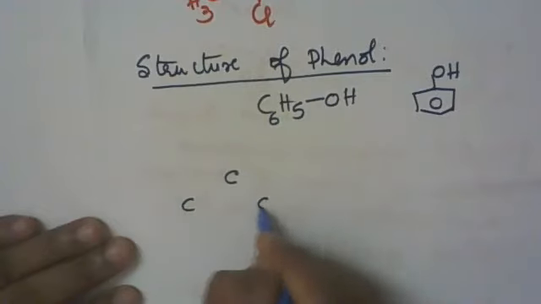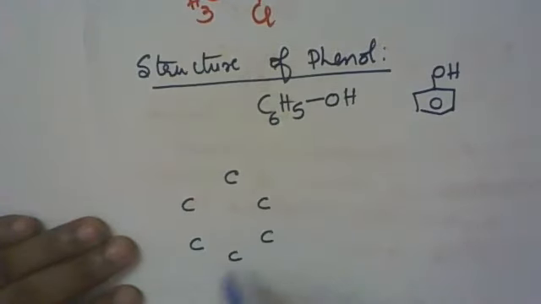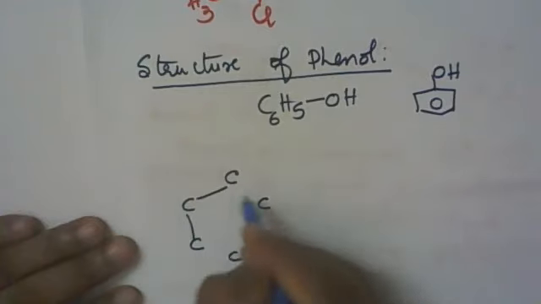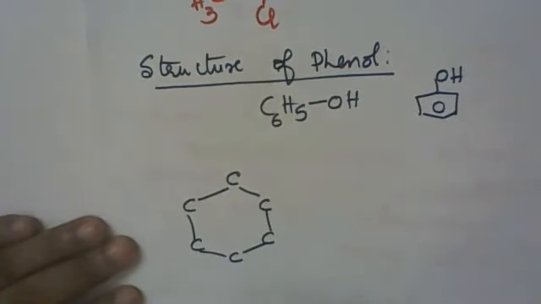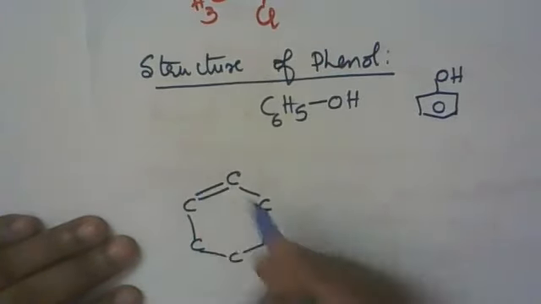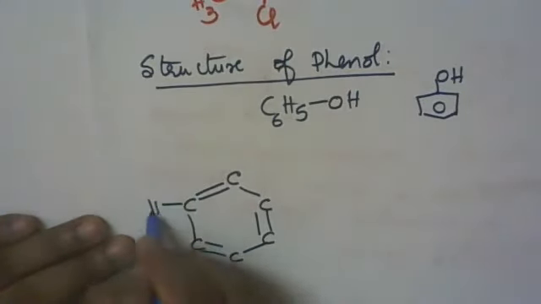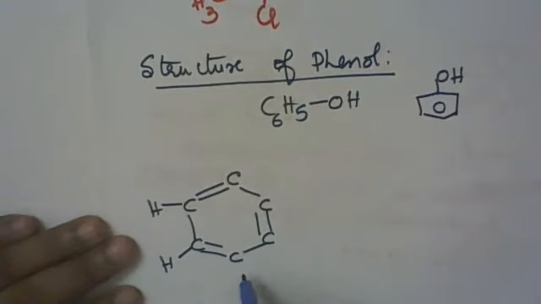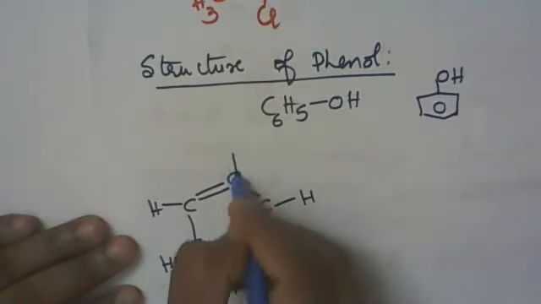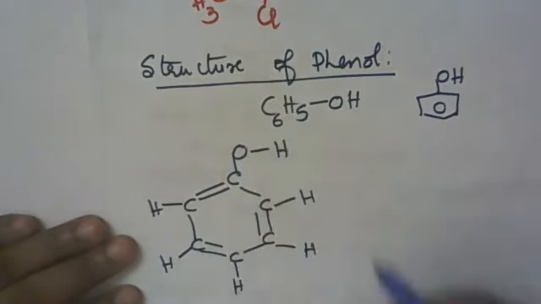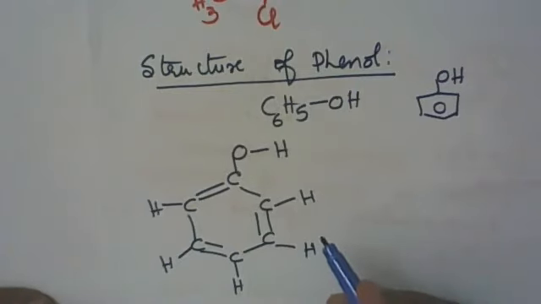Carbon atoms are there. How many are there? 6 are there. There are 6 carbon atoms, and you have got alternate double bond, single bond on benzene. And each carbon has got a hydrogen. Altogether 6 hydrogens are there on benzene. One of the hydrogen atoms is replaced by the OH group. Therefore, it becomes phenol.